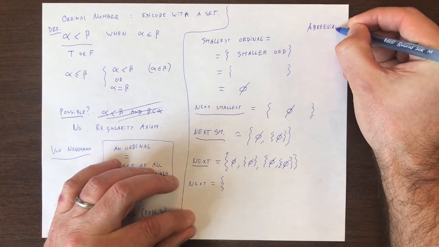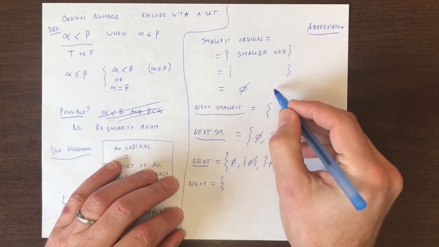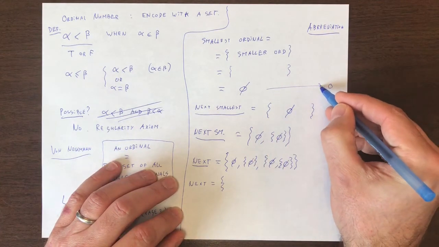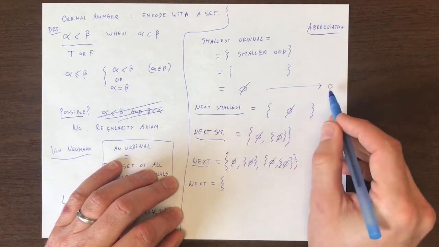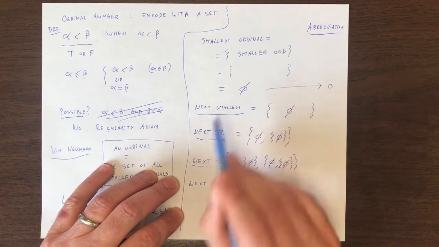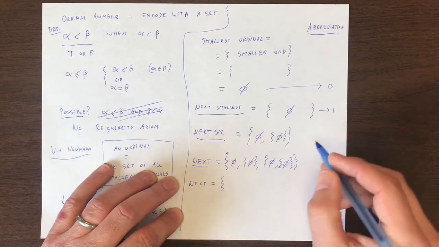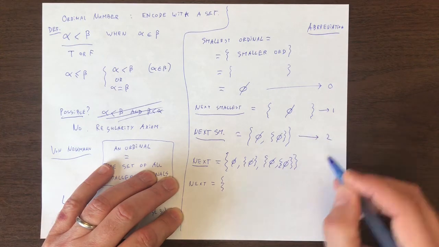Abbreviations. Okay, I'm going to abbreviate this guy as 0. So 0 is short notation for that. Okay, it's only a little bit shorter, but okay. And I'm going to abbreviate this guy as 1. And I'm going to abbreviate this guy as 2.